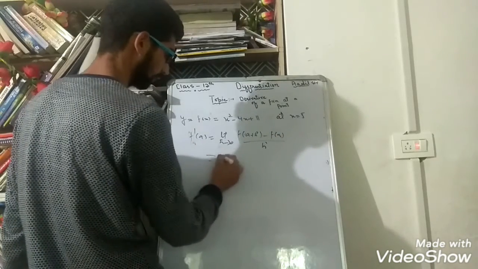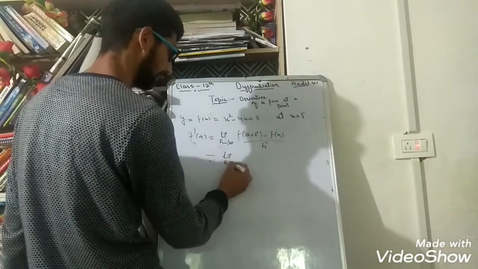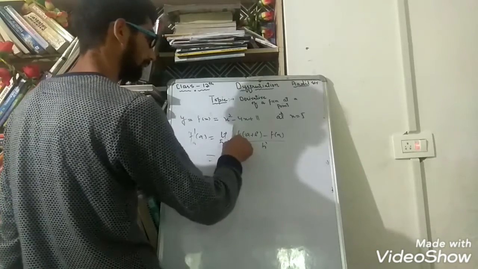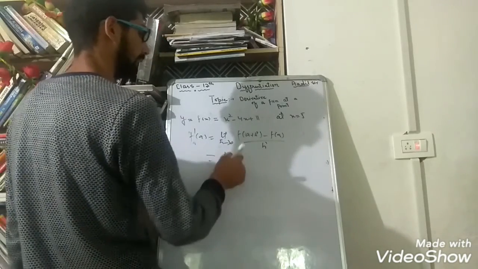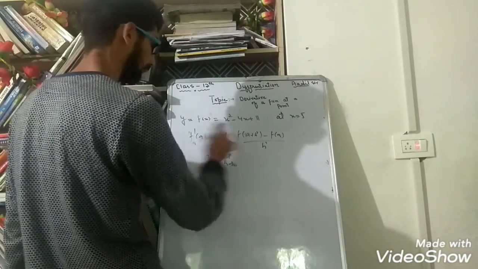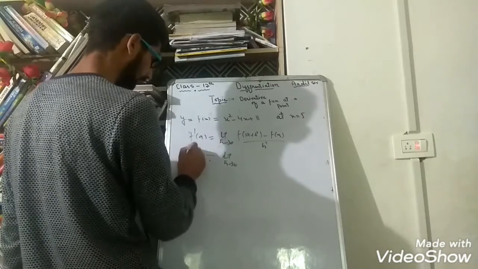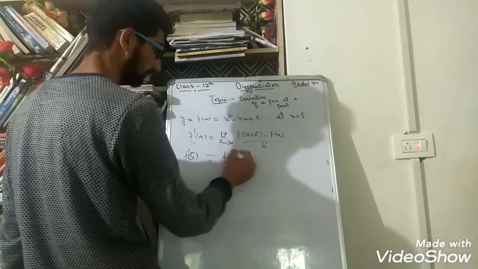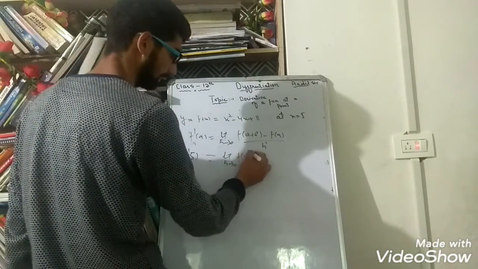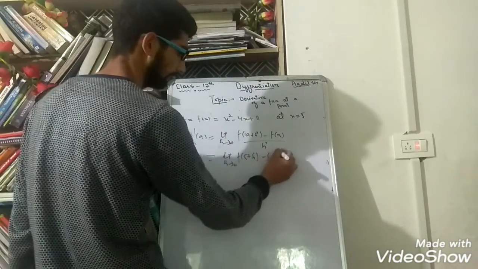We have this, so limit h tends to 0, and you can put a as 5, so f dash of 5 is f of 5 plus h minus f of 5 divided by h.